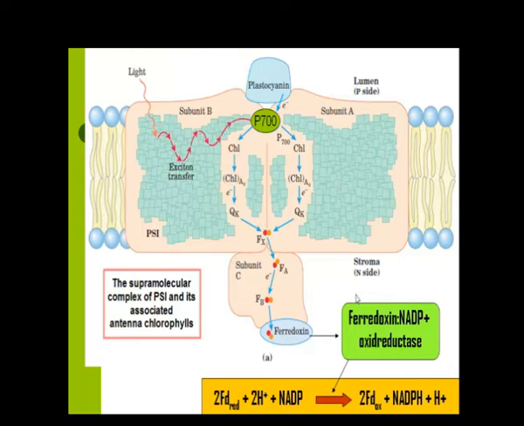Remember, in the non-cyclic process, both ATP and NADPH plus H plus are formed. In cyclic, only ATP is formed, and NADPH plus H plus is not formed because this enzyme is not involved in cyclic. After ferredoxin, it directly goes to cytochrome B6, cytochrome F, plastocyanin, and comes back to the original point. There is no enzyme. That's why NADP is not reduced.